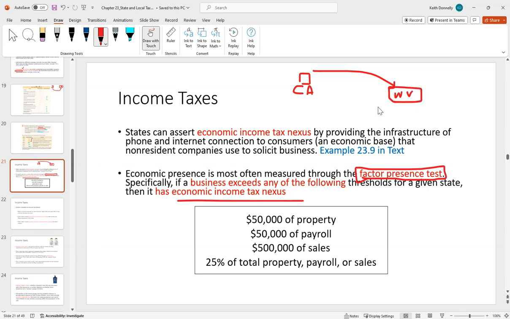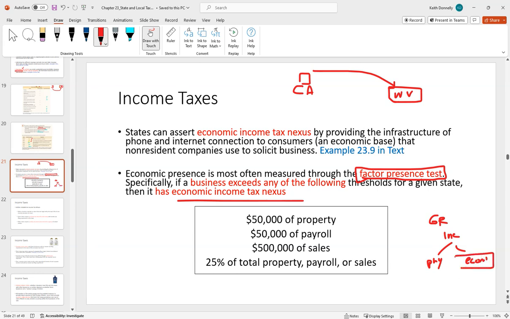The general rule is they're going to be taxed when there's income tax nexus. We said there's the exception of Public Law 86-272. Under that general rule, you can get nexus through physical presence or through economic standards.